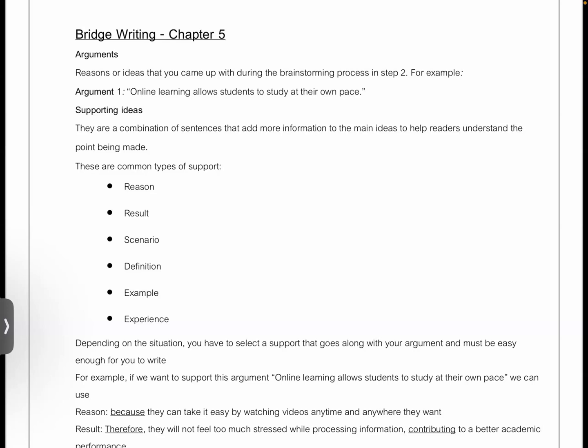So, for example, reason. Reason provides information to answer the why question. So, for example, if you turn this argument one into a why question, like why does online learning allow students to study at their own pace?